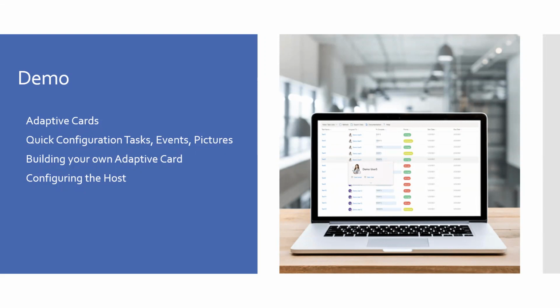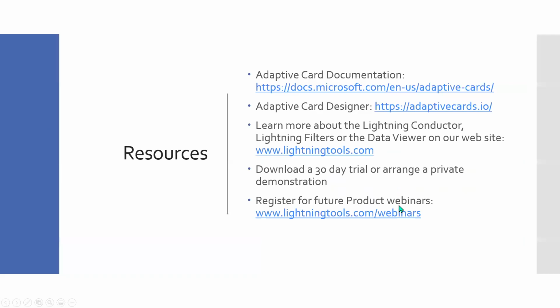I see there is a couple of questions, but we'll open it up to more questions in just a moment. There is some resource links. So if you wanted to take a look at the adaptive cards, you can do so here. There's a link to the Microsoft documentation and also to adaptivecards.io, but you'll find those links also inside the Lightning Conductor as well.